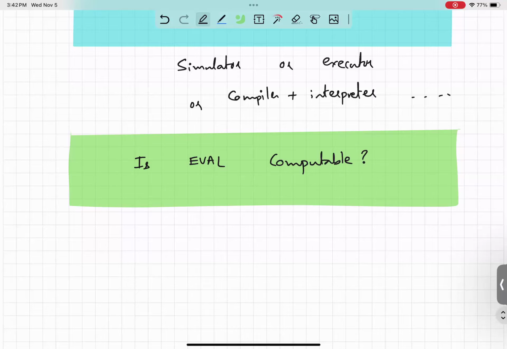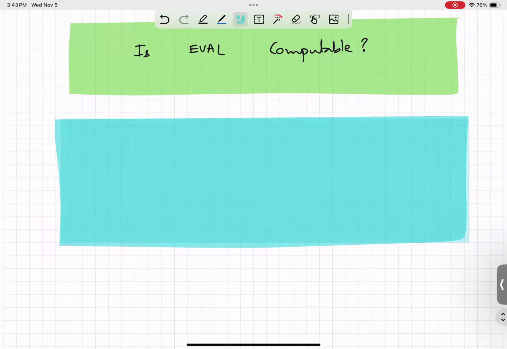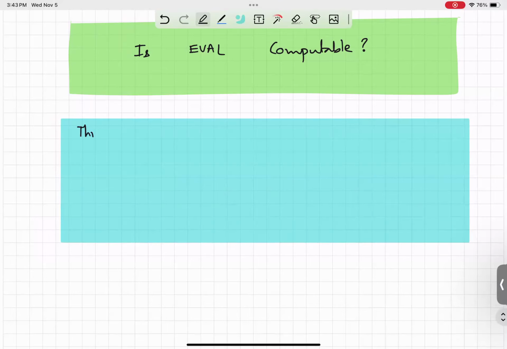But luckily for us, eval is computable by a Turing machine. And who showed this but Turing in 1936.